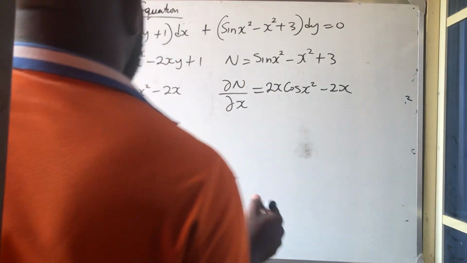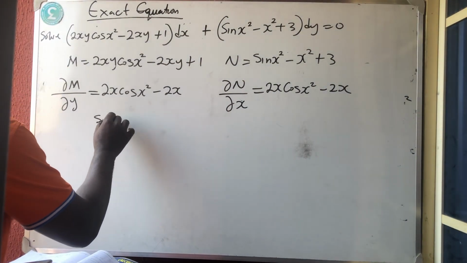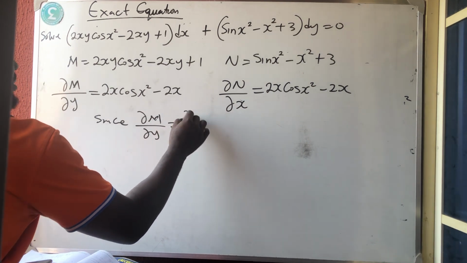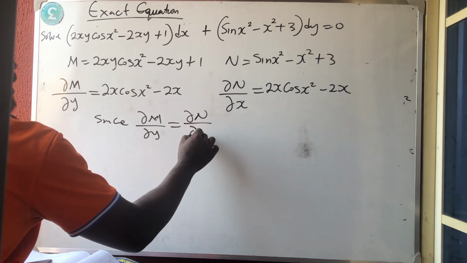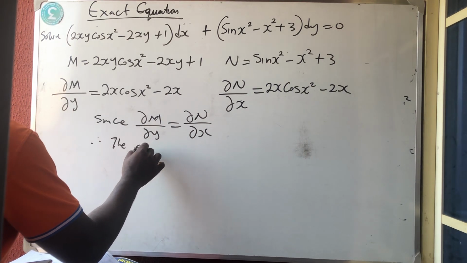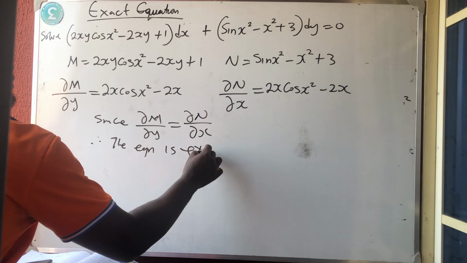So you see, since they are the same thing, since partial M over partial y is the same thing as partial N over partial x, therefore the equation is exact.